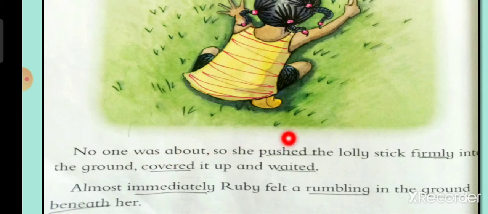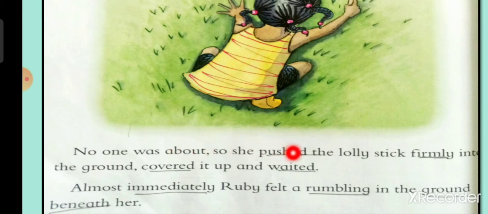Pushed. Pushed means pressed, to press something. Firmly. Firmly is a way to use steady power or strength, or you can say strongly. Covered. Covered means to put something on top to protect something.